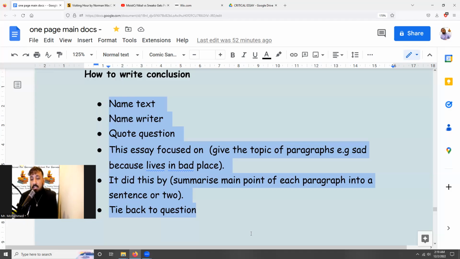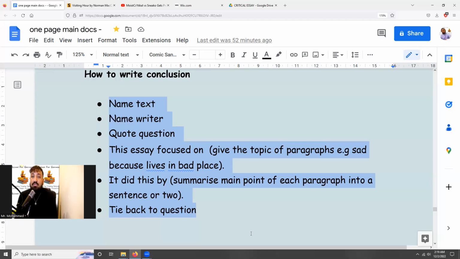So the way that you know you've got a good essay is you should be able to read your introduction, read your conclusion, and have a very good picture of what your essay contains.